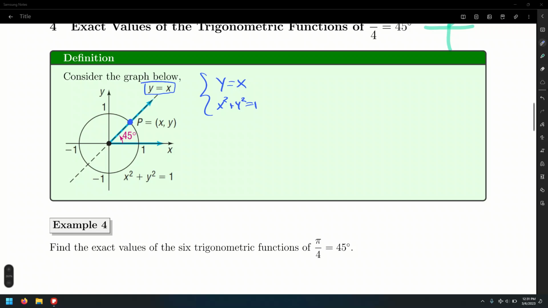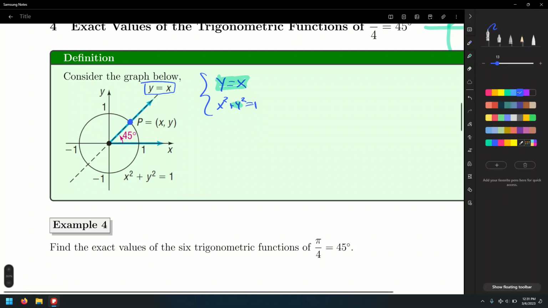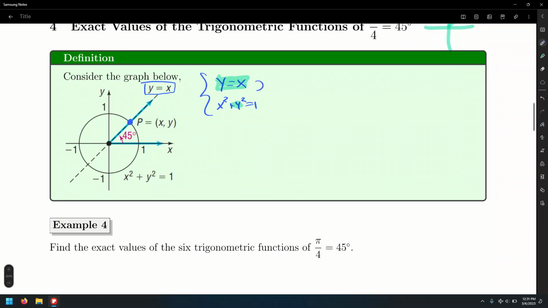Every time you have a linear with a quadratic, I think substitution is the best choice. In this case, what you want to do is replace y with an x, knowing that y equals x. So substitute, that's x squared plus x quantity squared equals 1, that's x squared plus x squared equals 1, 2x squared equals 1.